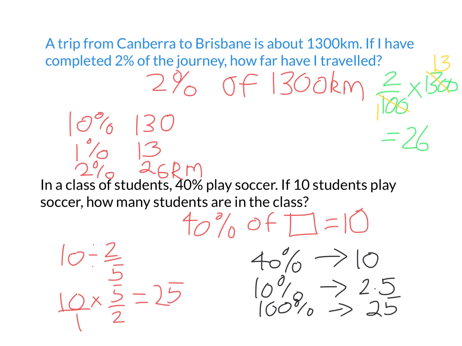Either way you do it is fine. Just remember, make sure when you're reading a worded question, are you being asked to find a percent of a quantity like normal, like we were here, or are you being asked to find what is the original number that had a percentage applied to it? We do those differently. One involves multiplying, one involves dividing.